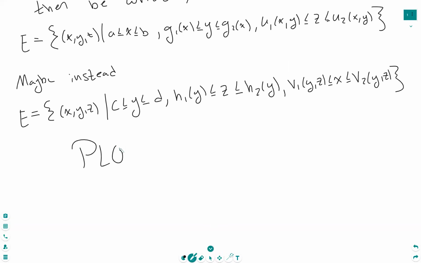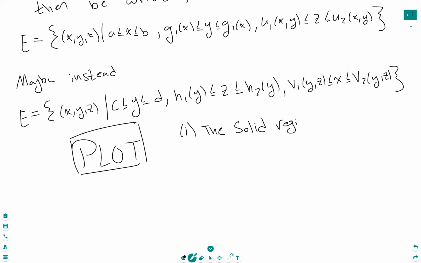So I'm going to say it again. The first thing we need to do is plot. I think the first thing you should plot is the solid region, if you can. Just get an idea of what this thing looks like. The second thing would be the projection.